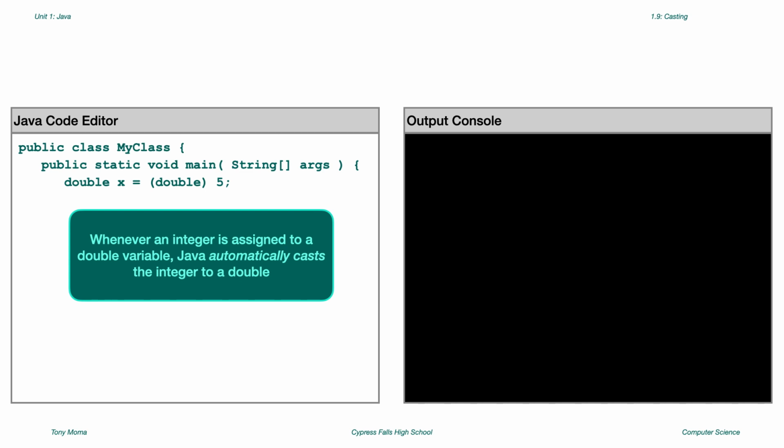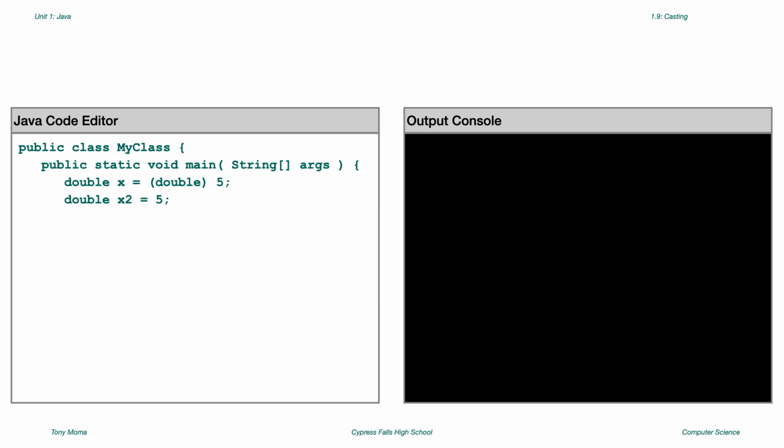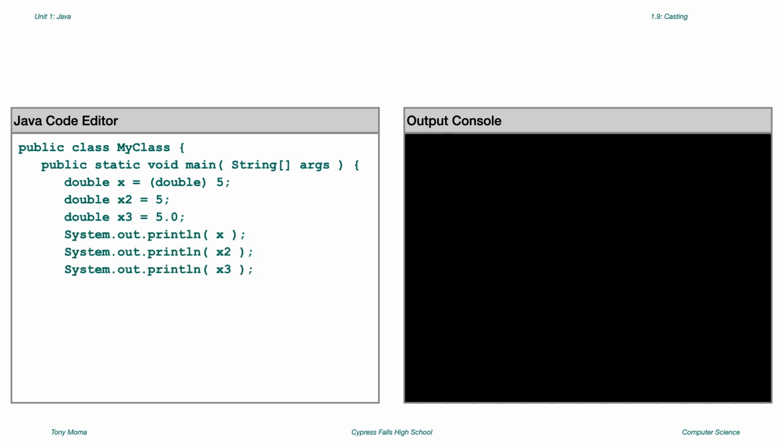So we could have simply assigned 5 to the double without using the operator and achieved the same result. Likewise, we could have simply assigned 5.0 and got the same result. In either case, when we print out these three variables, the same value gets stored either way. So, in summary, casting from an integer to a double rarely happens because Java already does it automatically.